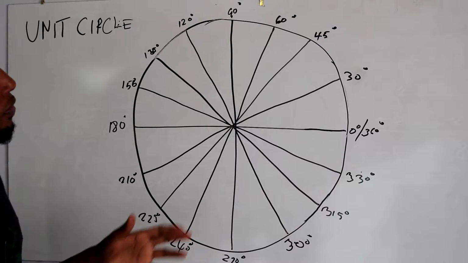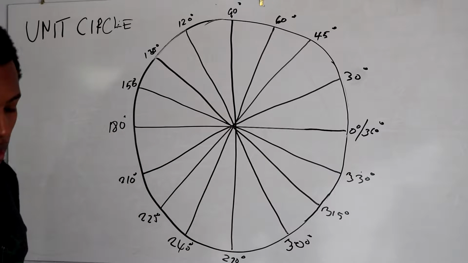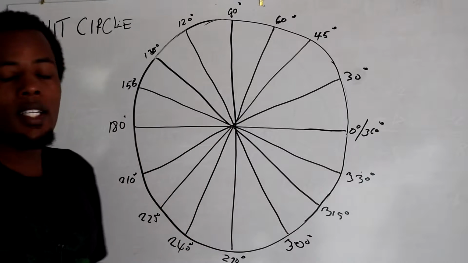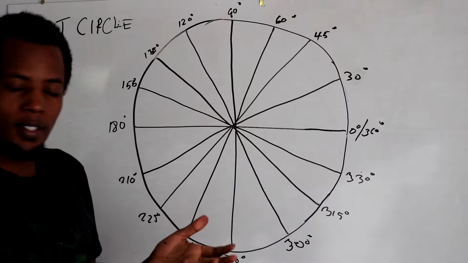There's another way of representing the degrees. 180 degrees is pi, right?